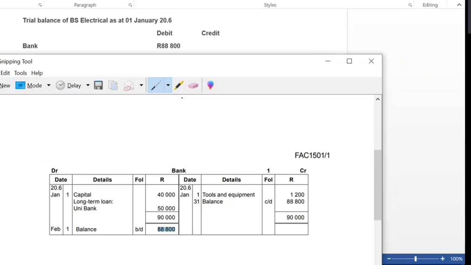It's also on the debit side. So whenever an asset increases, it increases on the debit side, and in both the general ledger and the trial balance it will be on the debit side.